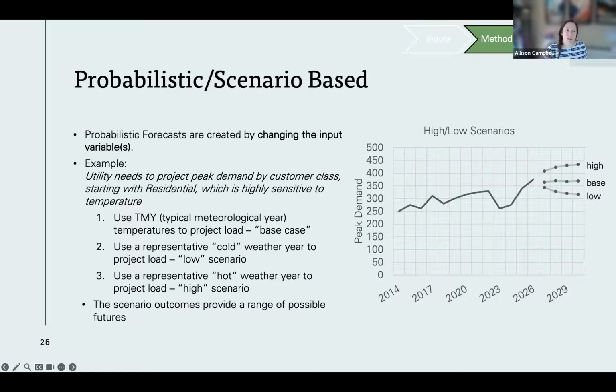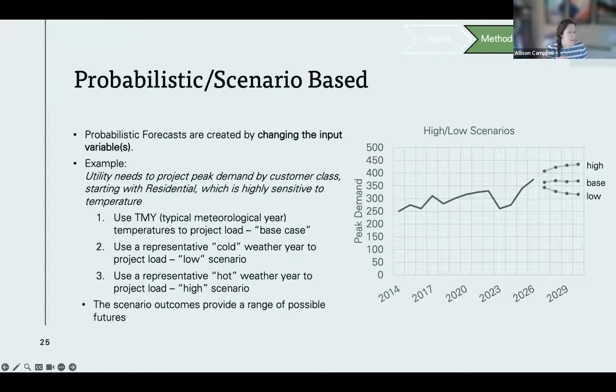So we would start with your TMY temperature. This is your typical meteorological year, which really just means that it's an average of the meteorological years in the past. So this would be your base case. If we were to assume average temperatures, then this is middle of the road. And then we could pick a representative cold weather year to project a low scenario for load, and then a representative hot weather year to project a high scenario for load.